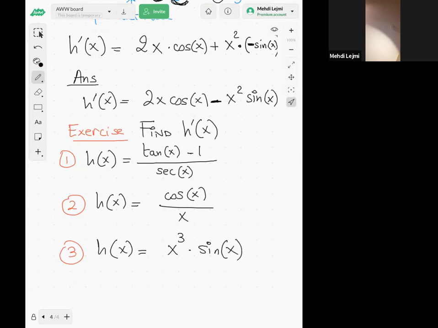All right, guys, I'm going to give you, let's say, 5-10 minutes to compute the derivative of the functions h. Of course, you need to simplify your answer, so please try to simplify your answer, if it's possible, of course.